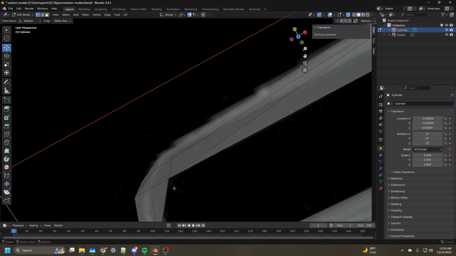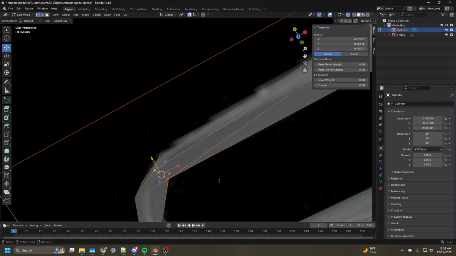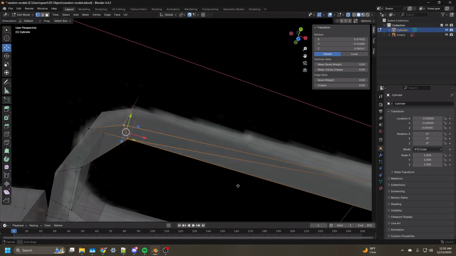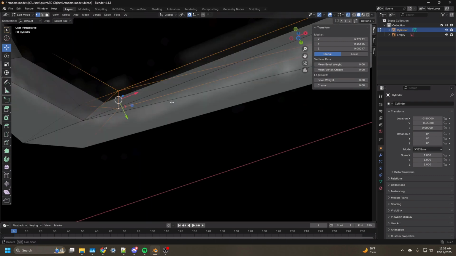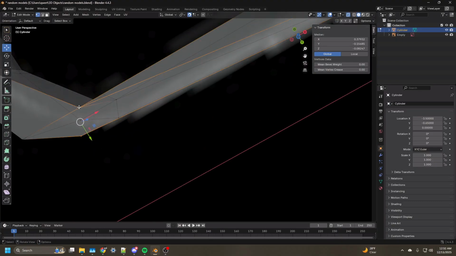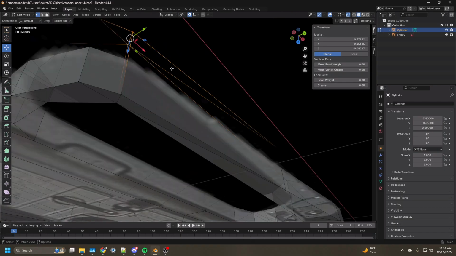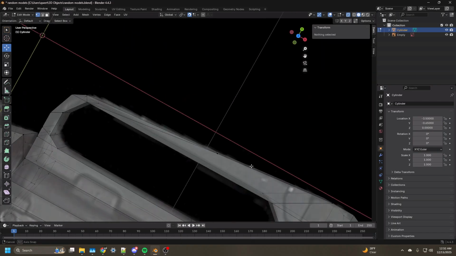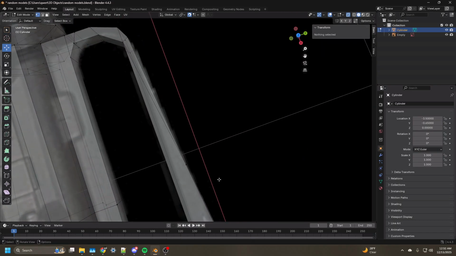At the very least, this and this need to be joined. Well, huh. And then that's just floating out in space? What is that?